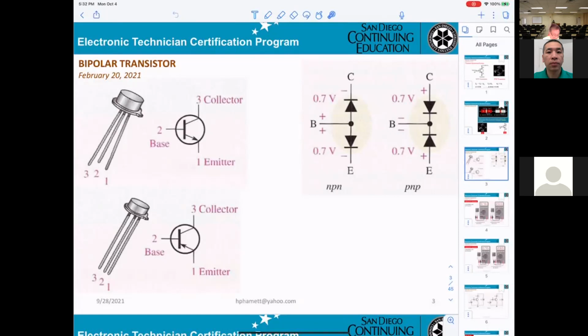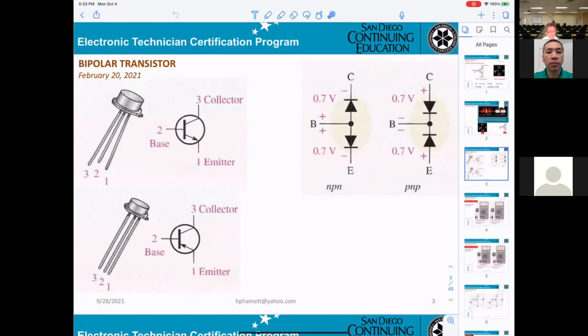And basically, looking inside the schematic, this is the base, this is the collector, and this is the emitter. Basically, there are 2 diodes. One diode from the base to the collector, and another diode from the base to the emitter. On this one, they are just opposite.